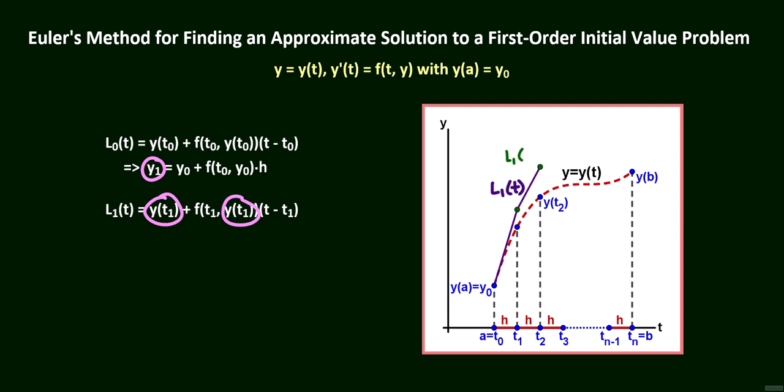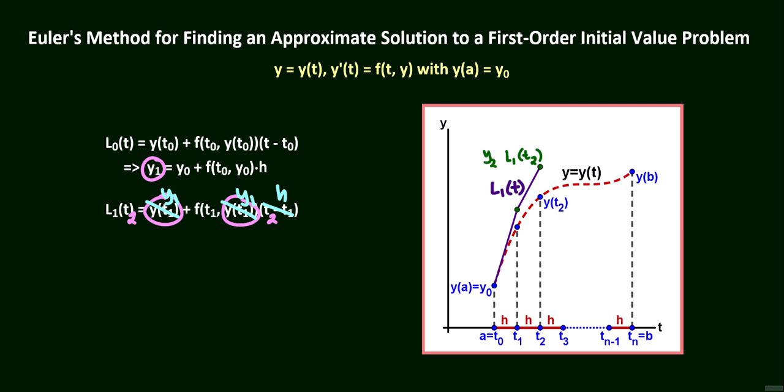L sub 1 of t sub 2 is the method's approximation for y of t sub 2. L sub 1 of t sub 2 equals y sub 1 plus f of t sub 1, y sub 1 times the quantity t sub 2 minus t sub 1. And t sub 2 minus t sub 1 is h.